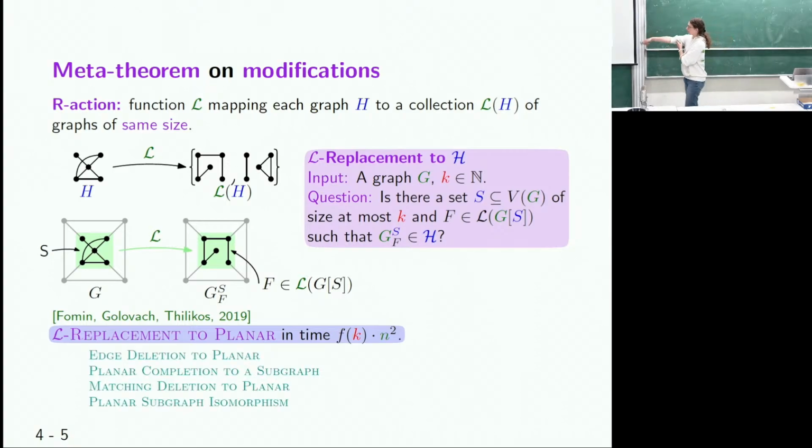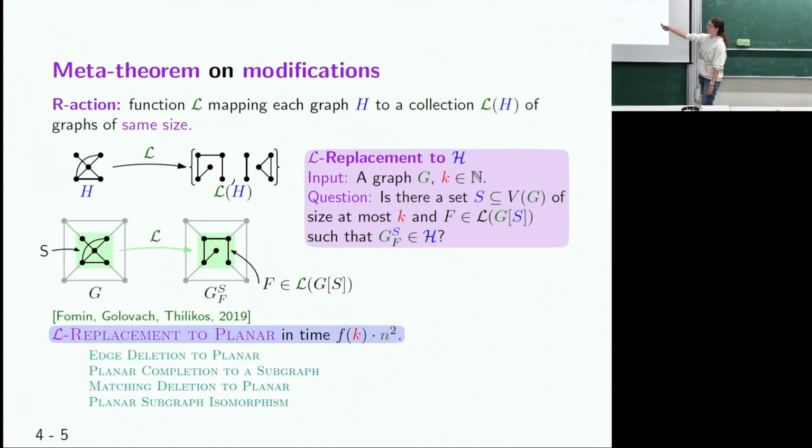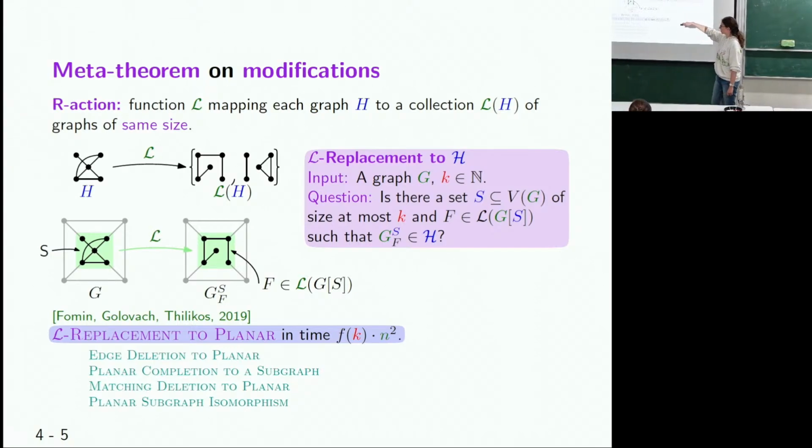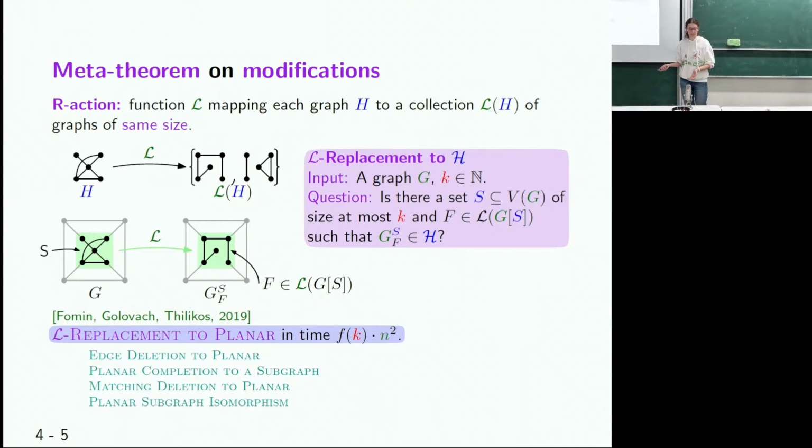And in particular, for several graph modification problems, this gives you the same running time. So for instance, this replacement action can, like I said, represent edge deletion. You can also ask whether you can remove a matching of size at most k such that your graph is planar.